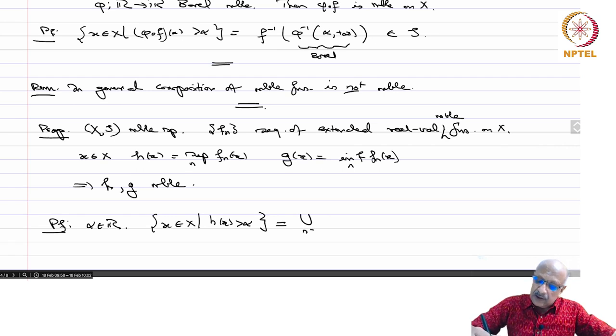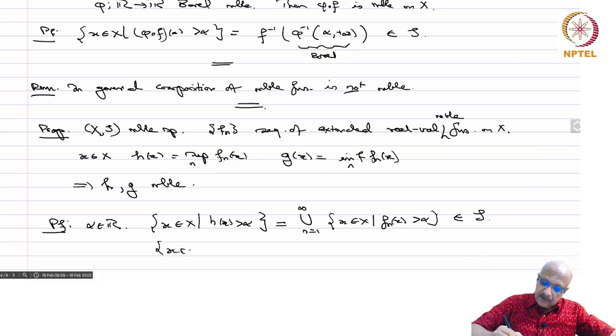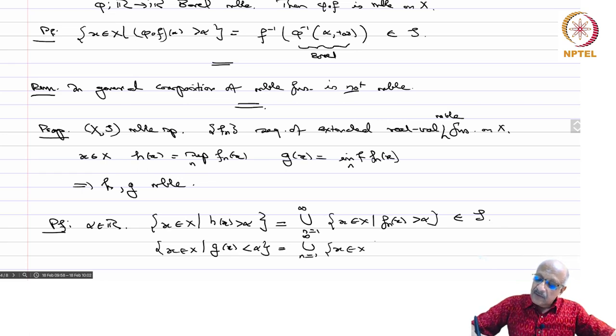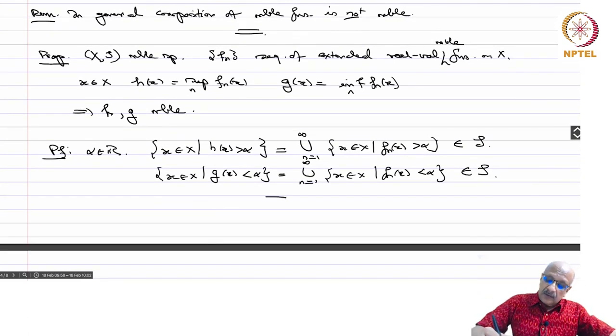So this is the union, n equals 1 to infinity, of the set of all x in X such that fn of x is bigger than alpha, and therefore this belongs to S. And similarly, the set of all x in X such that g of x is less than alpha equals the union, since at least one of them must be less than that, of the sets of x such that fn of x is less than alpha, and again this belongs to S, and therefore h and g are measurable. Okay.